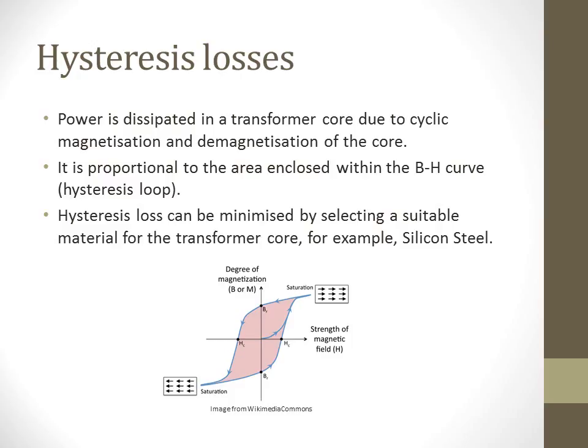The BH curve shows this process, and the power loss is proportional to the area enclosed within the loop. This loss can be minimized by selecting a material with a small loop area for the transformer core when designing transformers. For example, silicon steel is widely used in transformer manufacture.